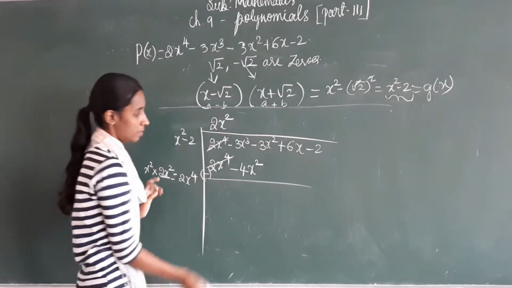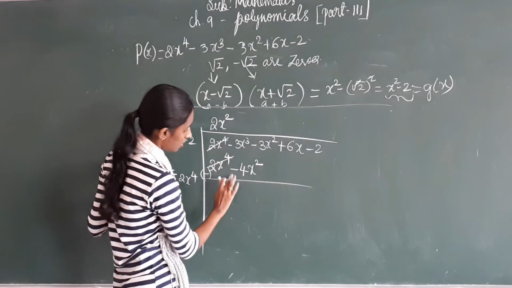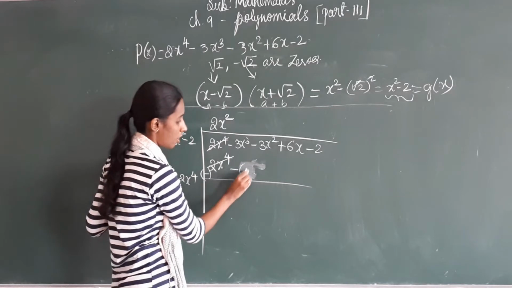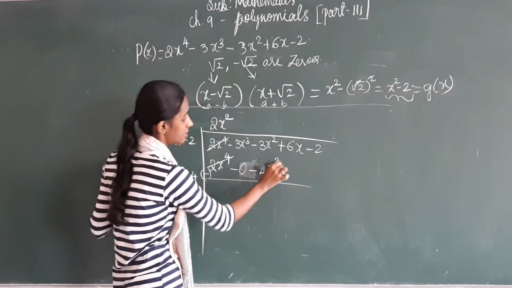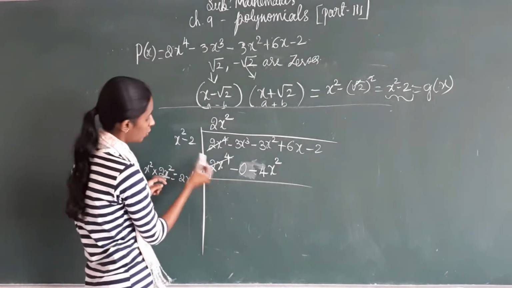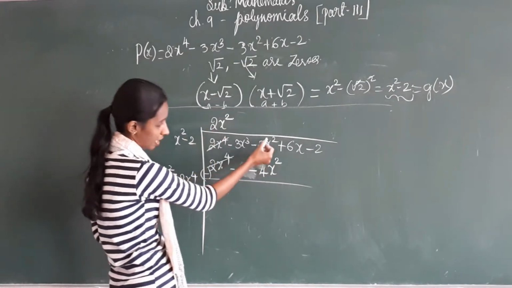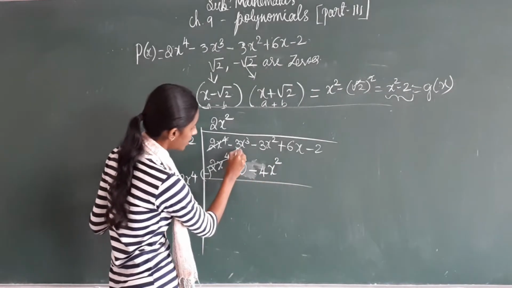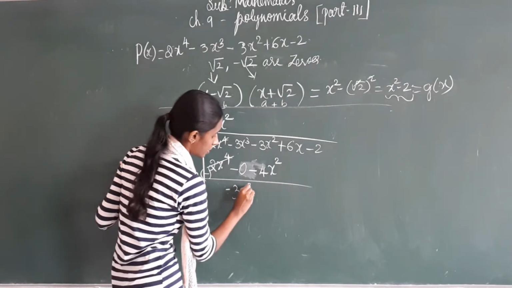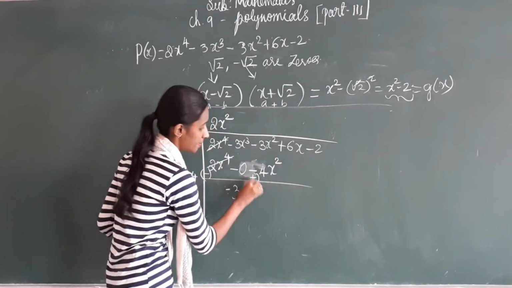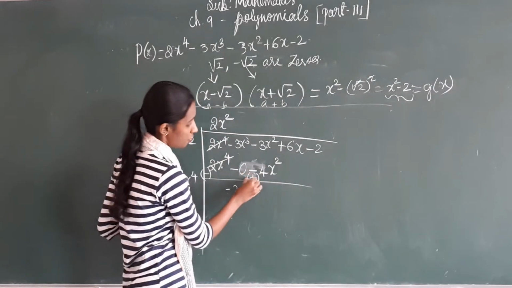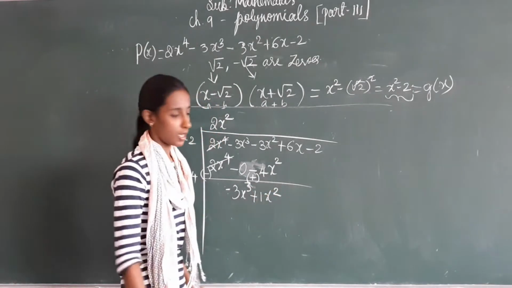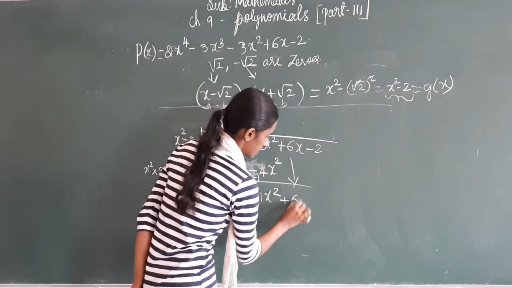It gets cancelled because of the negative symbol. Since x³ is not there, I write minus 4x² below the x² term. I write minus 3x³ as it is. Now changing the sign, plus 4 minus 3 is plus 1x². Next, remaining terms as it is, plus 6x minus 2.